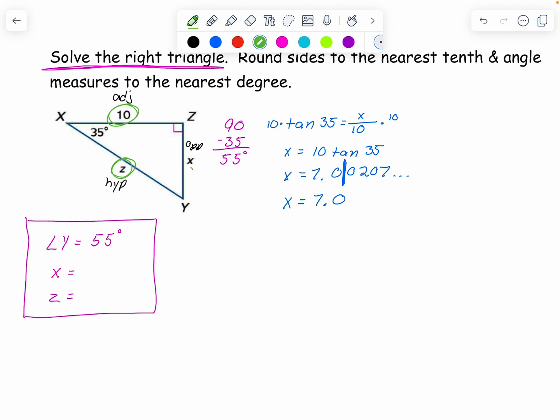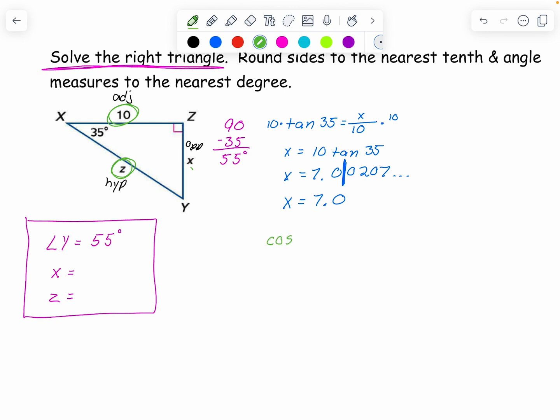I could do cosine 35 equals adjacent, which is 10, over hypotenuse, which is z, or since I now know two of my sides, I could go ahead and do Pythagorean theorem. Now, it may not come out exactly the same because this is a rounded answer, but it should come out close. I'm going to try to avoid using my answer, so I'm going to do trig again.